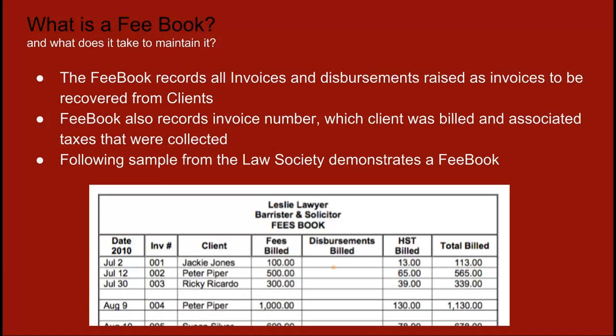It's a separate column by itself, and then the HST is billed. Some of these disbursements sometimes are tax exempt, so that HST is not included. If there are taxes with those disbursements, such as faxes, etc., then you obviously account for those, and the total that has been billed. Okay, fairly simple.